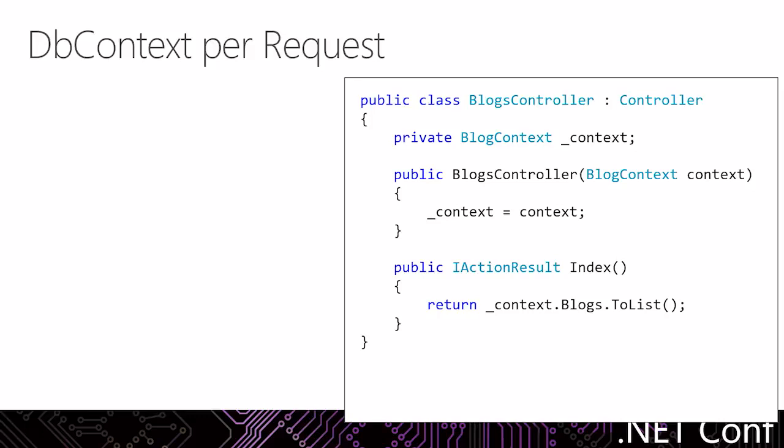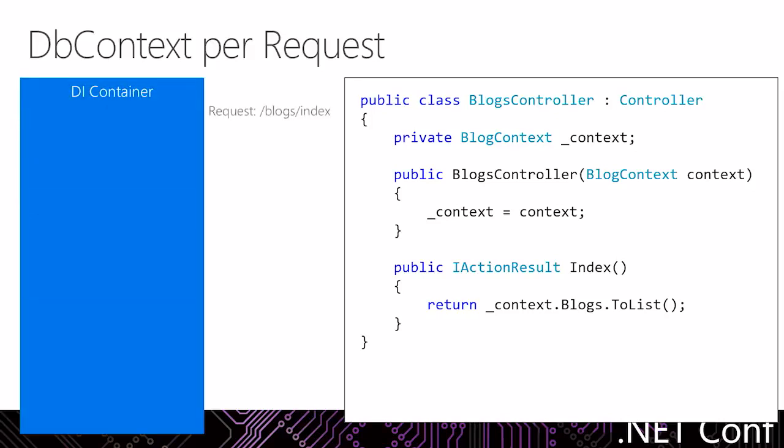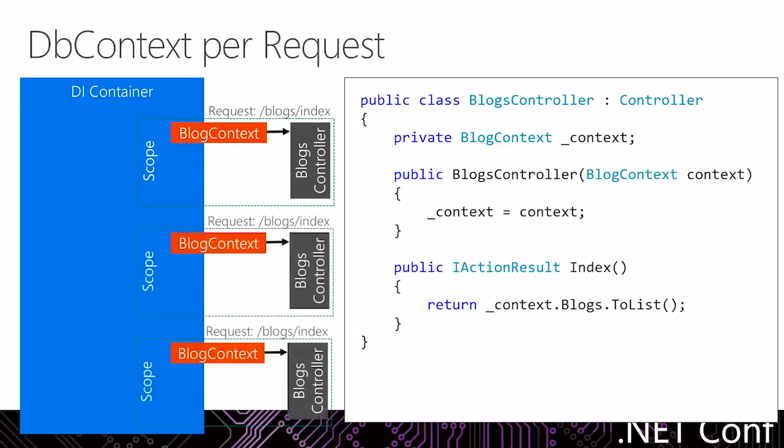In an ASP.NET Core application, normally you have a controller that consumes a DB context instance. For every request, you are going to be resolving a new DB context instance from the dependency injection container. Therefore, if you have 1 million requests, then you're going to have 1 million instances of DB context.